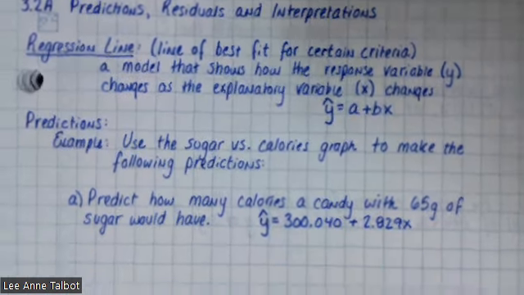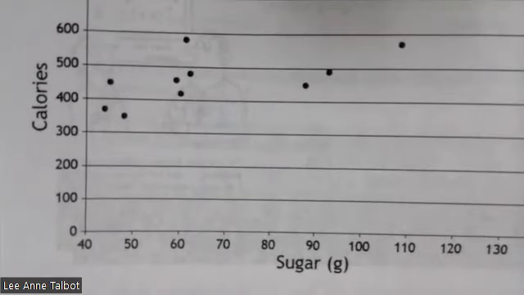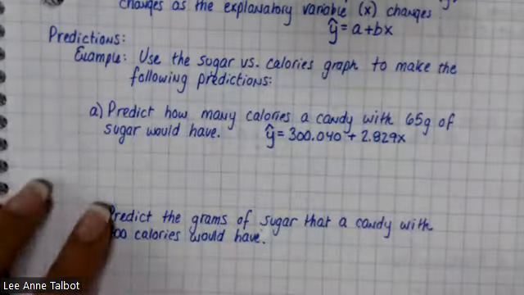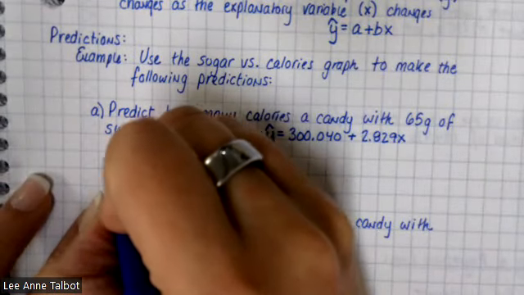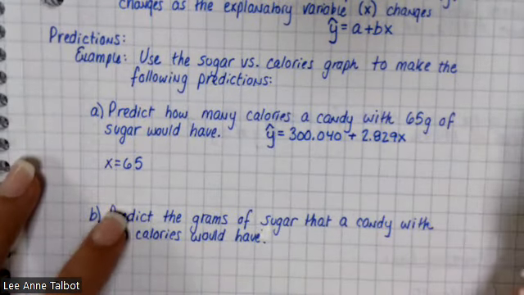Okay, how did I get that? I'm going to teach that to you tomorrow. Don't worry. This lesson is about making predictions. Okay, so here's my question. How many calories would a candy with 65 grams of sugar have? So look at your graph. Is sugar X or Y? X. Okay, so you're going to say, okay, that's easy. X equals 65, and you're going to plug 65 into the equation.